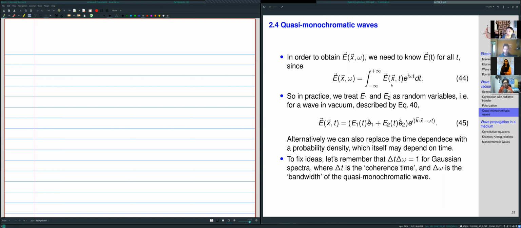And so this leads us to the idea that our signal, an electromagnetic signal here represented with the electric field, can be decomposed into a sum of monochromatic or quasi-monochromatic waves like this one.